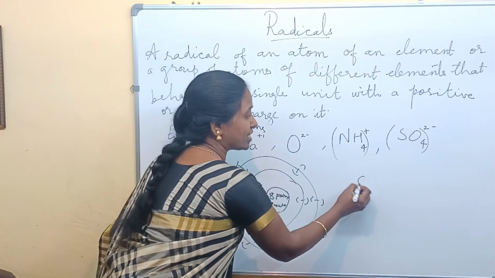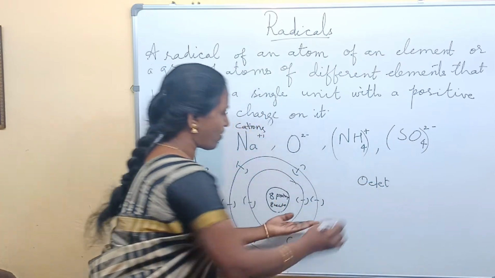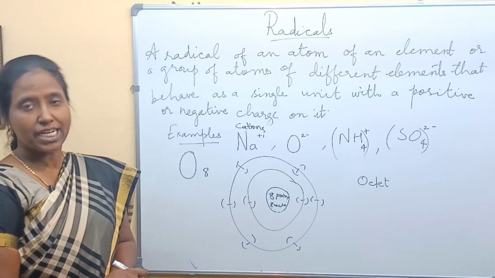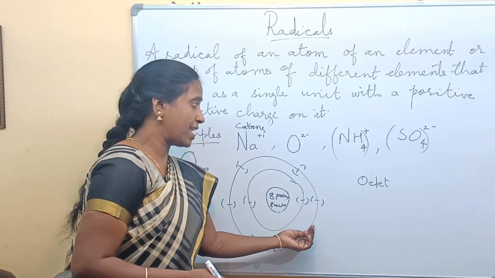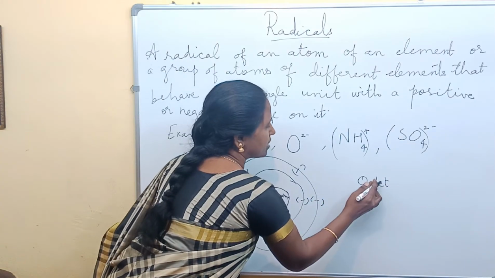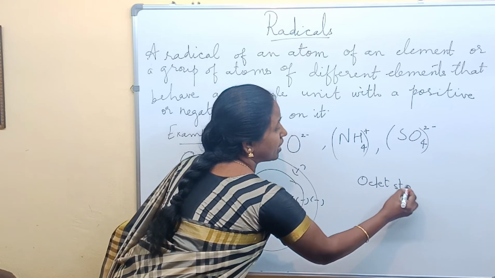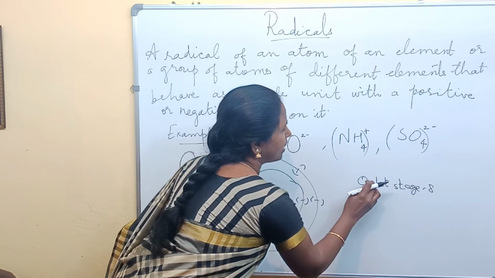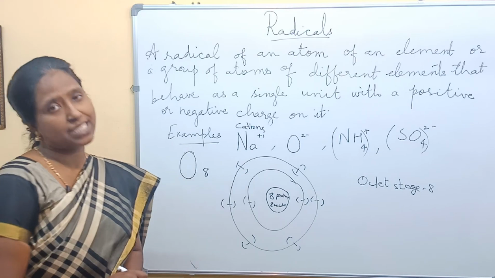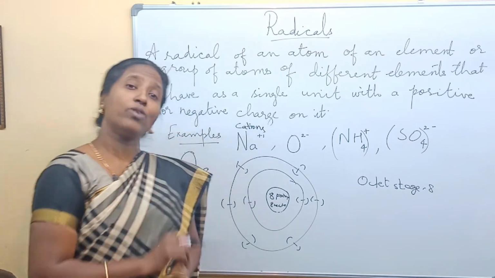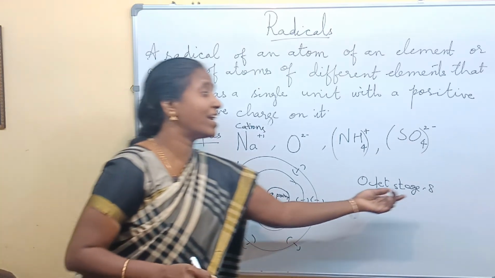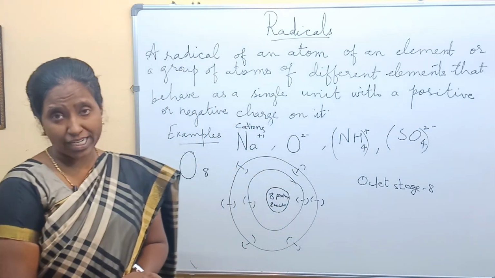For the octet stage, how much do we need? This is the valence shell for the oxygen atom, right? In the valence shell, at the octet stage, we should have 8 electrons, right? Here, how many electrons are there? 6 electrons are there. How much more does it require to reach the 8 electron stage, octet stage?